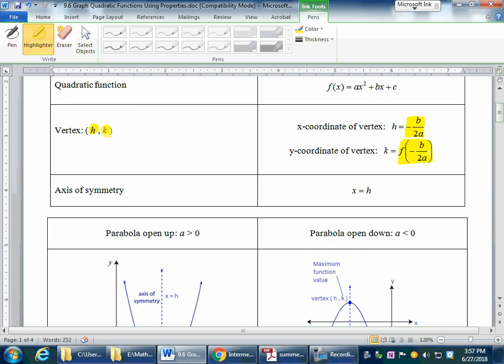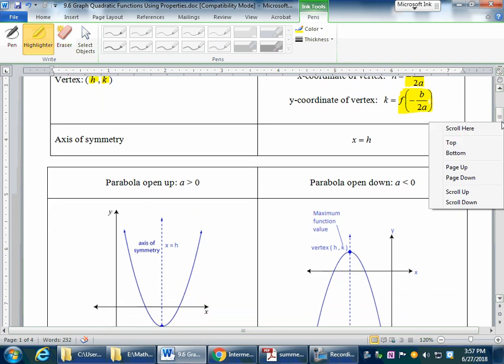And the axis of symmetry, since parabolas are symmetrical, will always be a vertical line that passes through the x-coordinate of the vertex. So it will be x equal to h, the x-coordinate of the vertex.